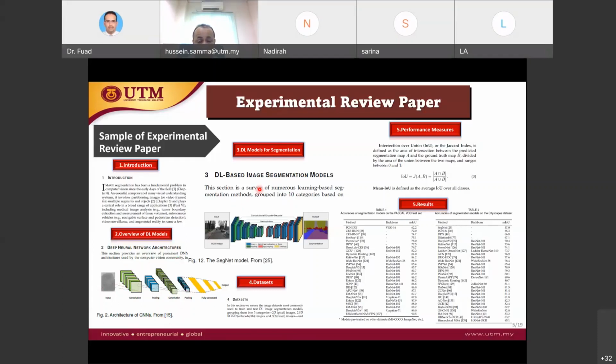After that, we move deeper into more details about how deep learning models have been utilized in the literature to handle the problem of image segmentation. So we can see here we are moving deeper, and the author will try to highlight some studies already published in the literature. We have examples of the studies, so we can see here we have encoders and decoders that have been applied to the problem of image segmentation.